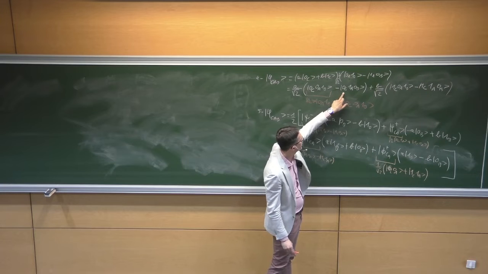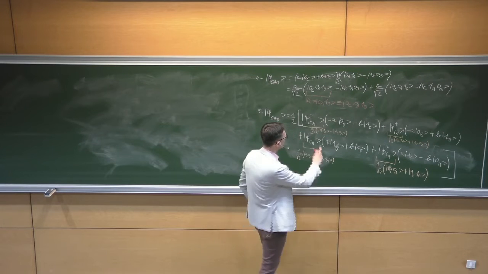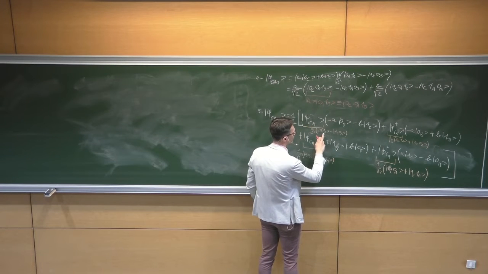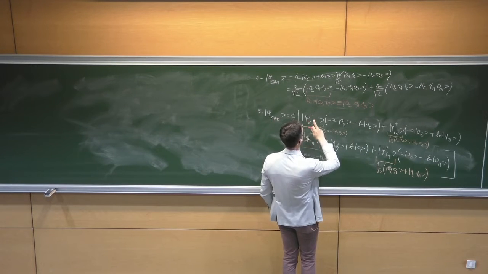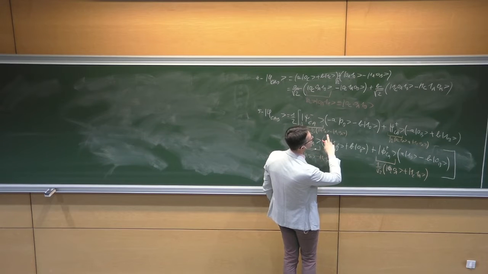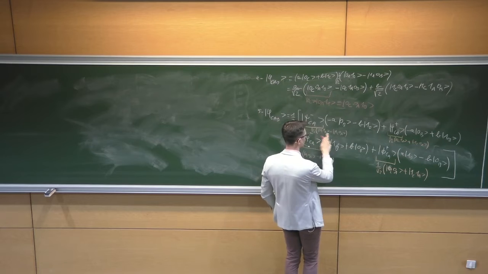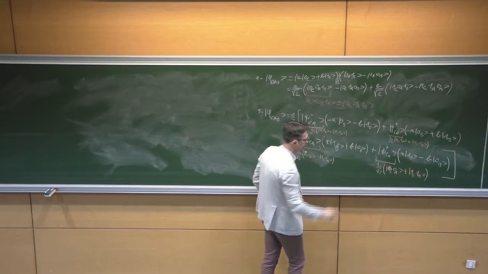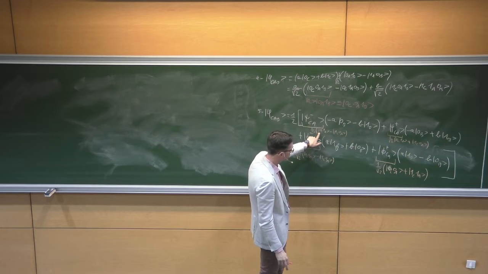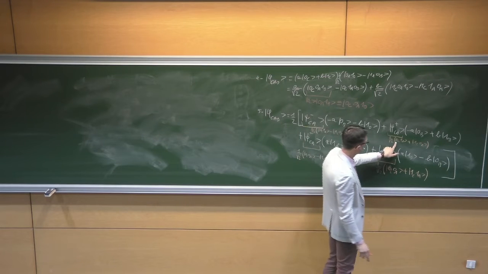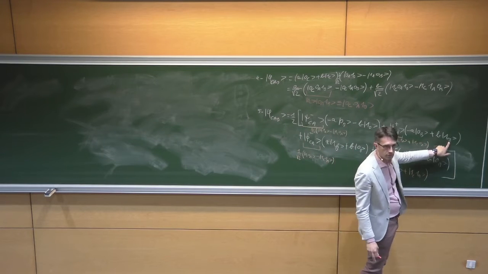Okay, so it appears here. And then say 0C, 1A, 1B. 0C, 1A is not here, but it's probably somewhere else, and it's probably cancelling. So 0C, 1A, 1B appears here.